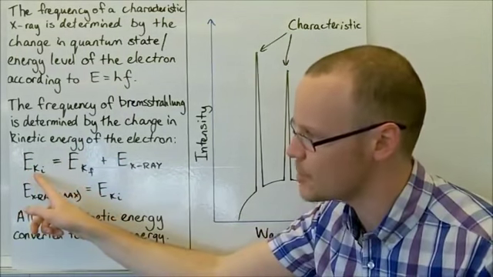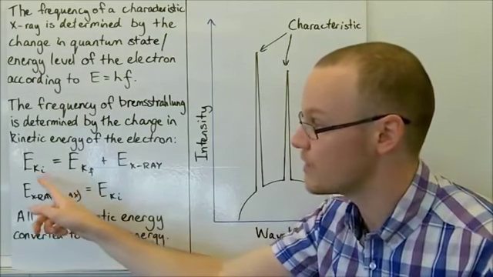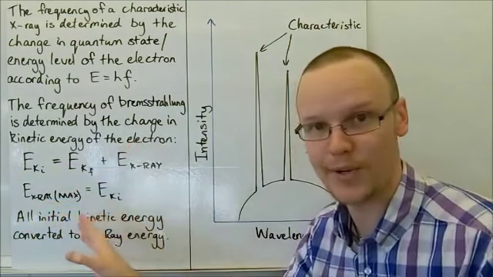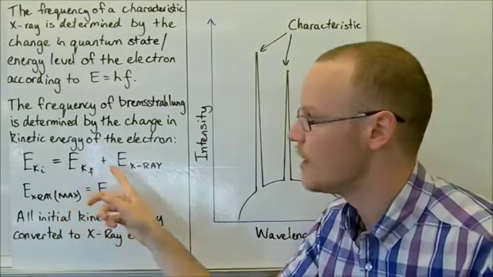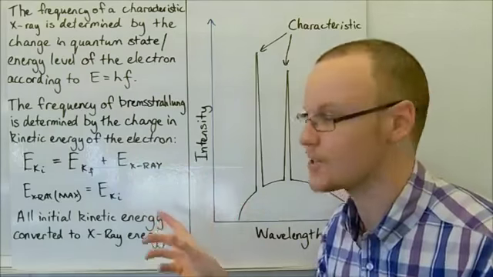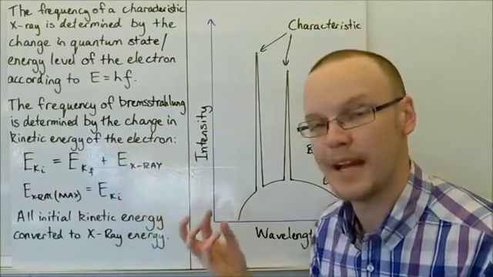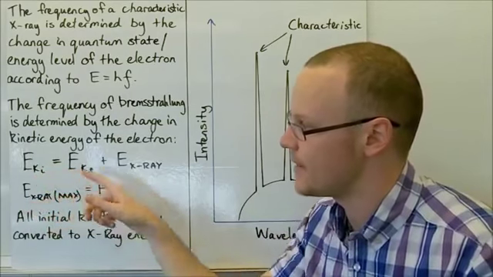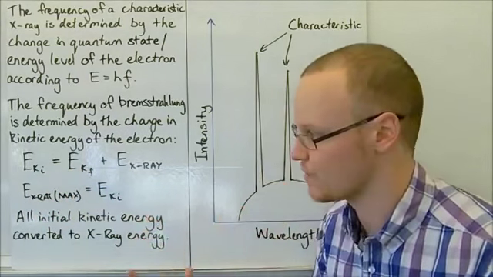So the initial kinetic energy of the electron is equal to the final kinetic energy of the electron plus any leftover energy, which is emitted as the X-ray. So this is the additional X-ray energy that's left over from the slowing down of our electron.